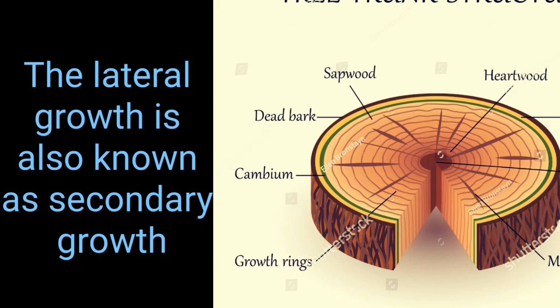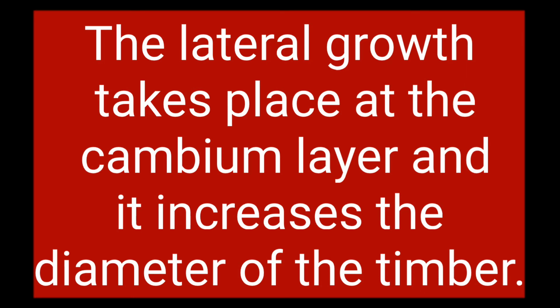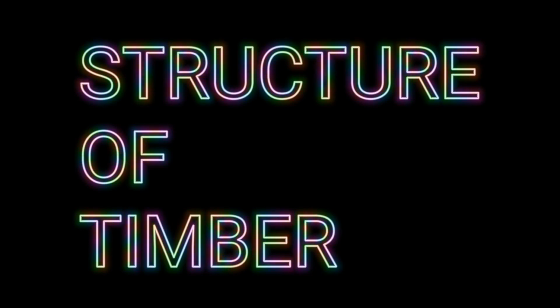The lateral growth, which is also known as secondary growth, takes place at the cambium layer. It increases the cross section, that is the diameter of the timber. And now let's consider the next item, and that is the structure of timber.